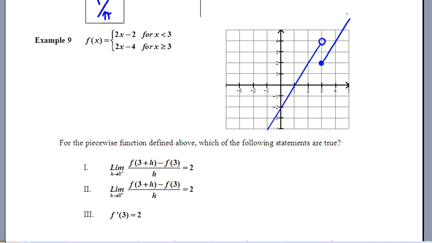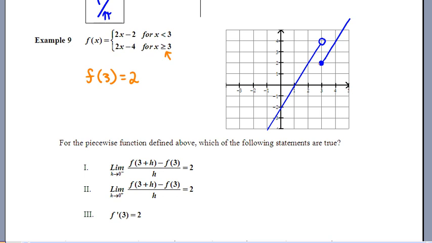Okay, what's happening here? First of all, just want to point this out, that if somebody did ask you, hey, what is f at 3? Well, you would look here on that branch. 2 times 3 is 6, minus 4 is a 2, right? And that's the solid point that's in right there.